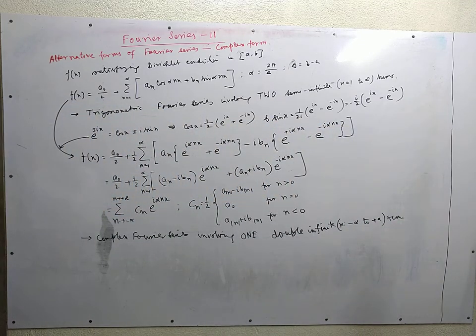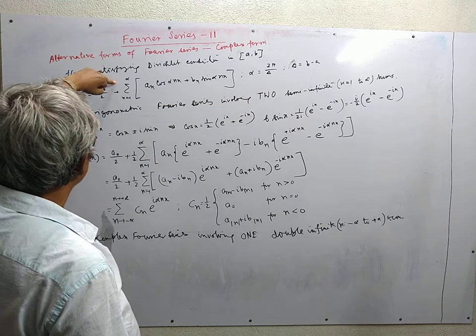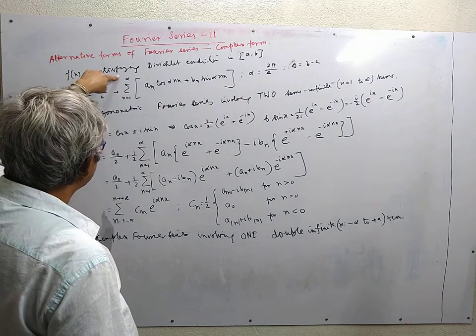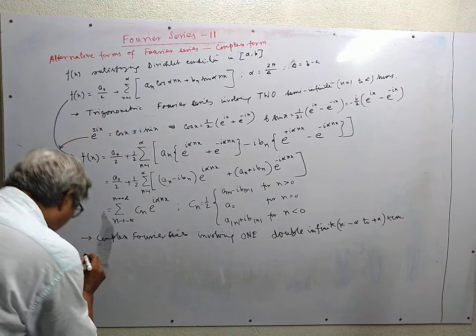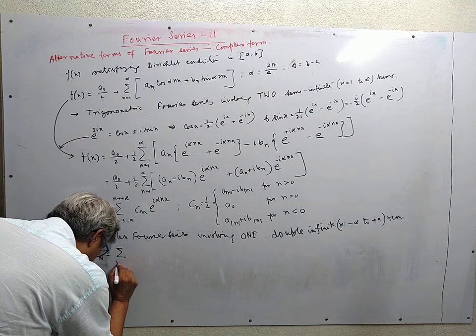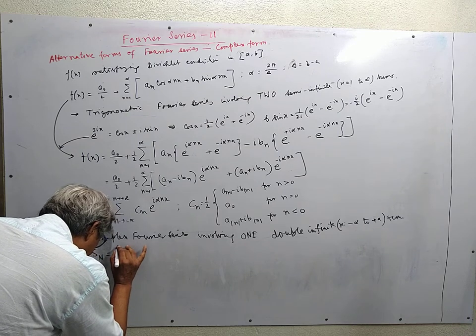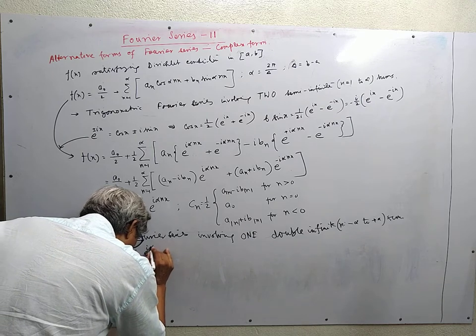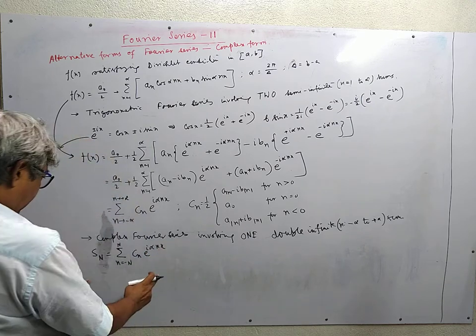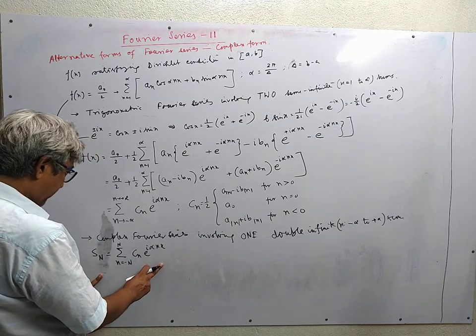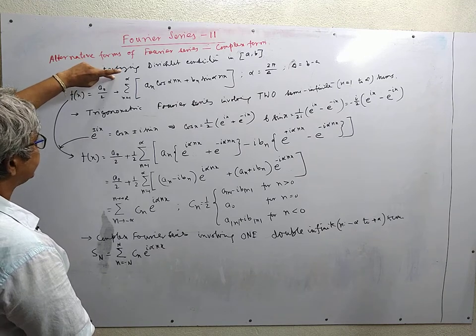So how do we define the partial sum? In trigonometric Fourier series, we define the partial sum when small n ranges from 1 to capital N. And here we define the partial sum as summation over n is equal to minus N to plus N of Cn e to the power i alpha n x. So there are altogether 2N plus 1 terms, which is the same as here.